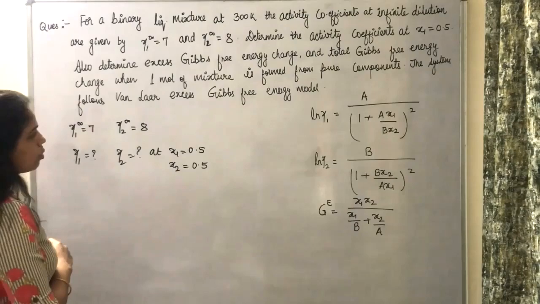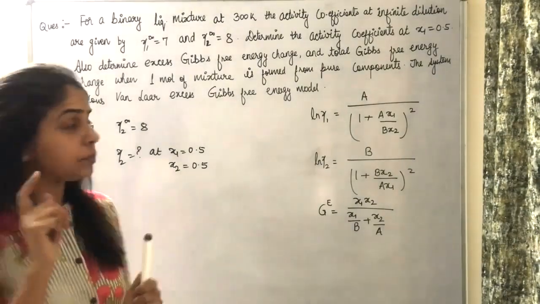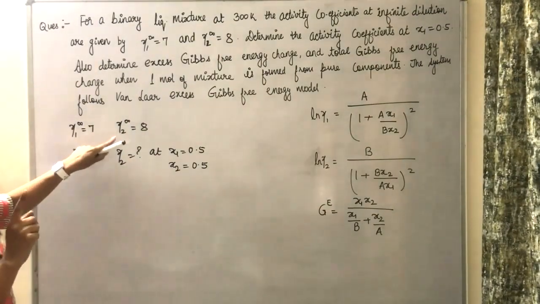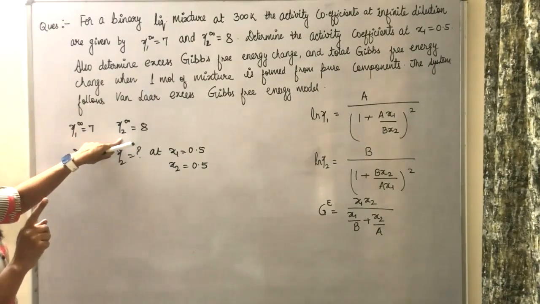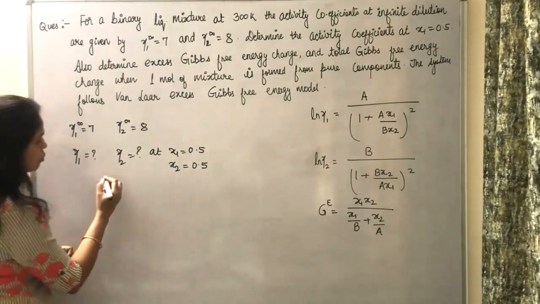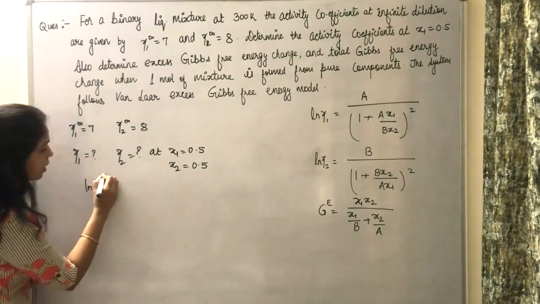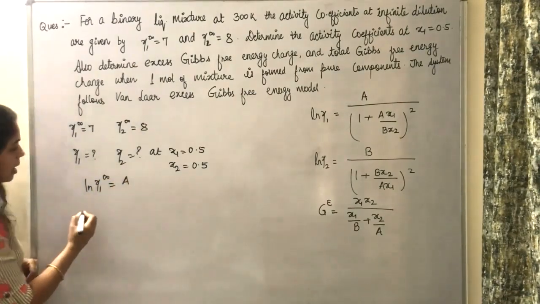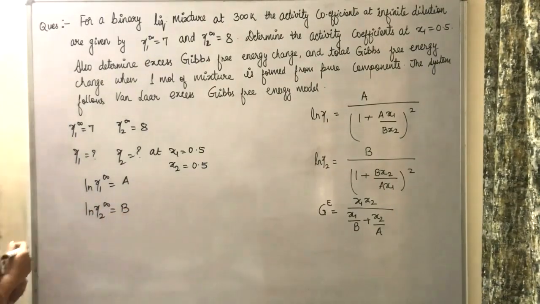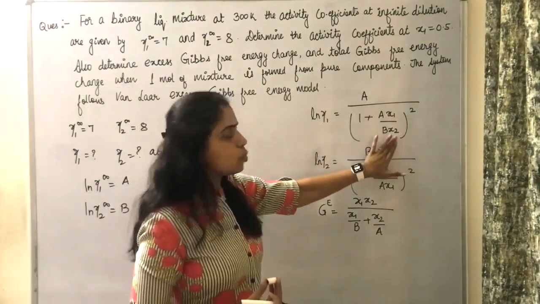Also determine excess Gibbs free energy. Okay, so first we will find gamma 1 and gamma 2. Now what is given to us? Gamma 1 infinity at infinite dilution is 7 for component 1, and for component 2 it is 8. We know what we solved in the last Van Laar equation: ln gamma 1 infinity equals A and similarly ln gamma 2 infinity equals B. We know these two formulas from the Van Laar equation, and x1 and x2 are known.